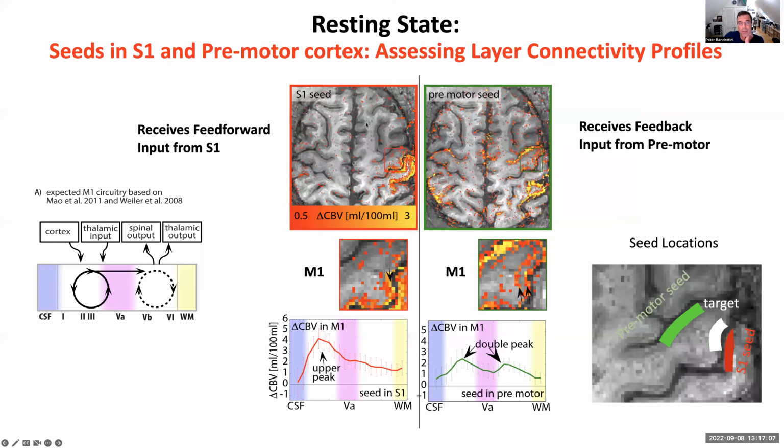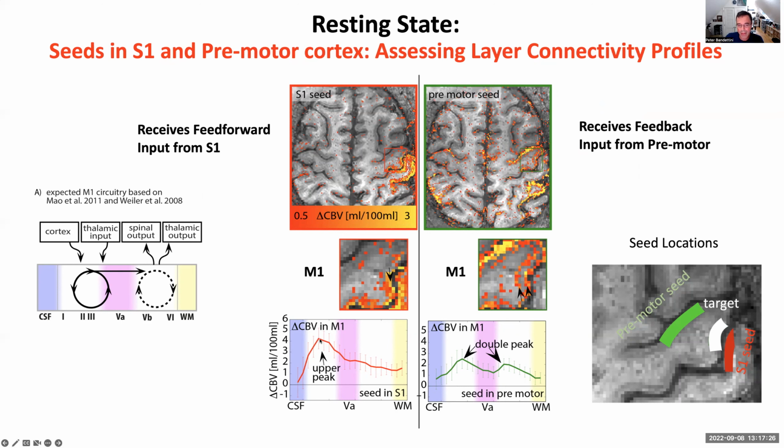But if we just flip this around and take big seeds, a big seed in S1, a big seed in premotor, you see the same sort of things. A big seed in S1 feeds into the upper layers. If you use that seed, see how it correlates across the same M1 profile.